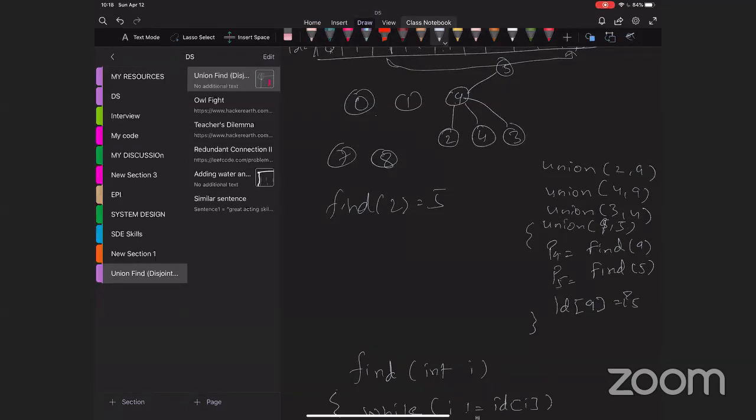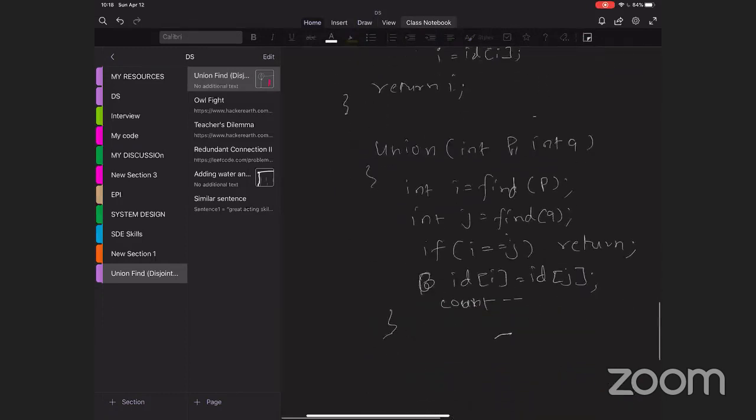It only decreases whenever you are assigning one element to a group. Yes, both comments are correct. Basically, this count keeps decrementing. When you say you have only two groups, that means you have already reduced count so much to make two groups, right? Because every union reduces the count if it makes a new connection. Okay, it's a kind of aggregate count.